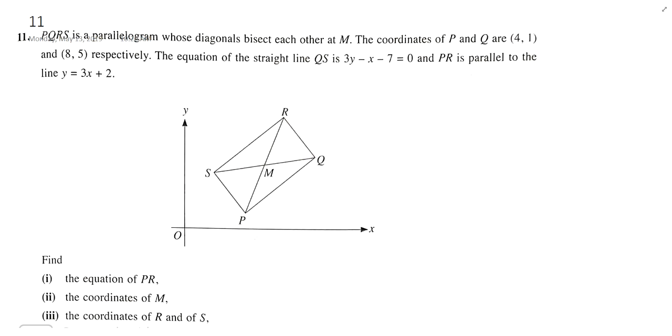For the equation of PR, what's the minimum information for us in order to find an equation of a straight line? Gradient and a set of coordinates, right? Okay. Do we have that? Benedict, do we have that?